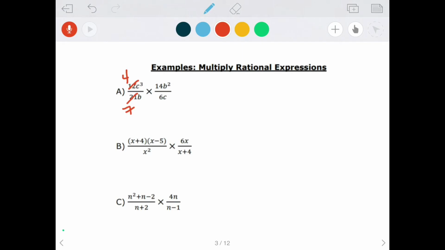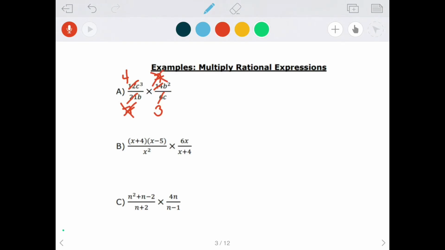Then I see that 14 and 6 can be reduced by 2, so I'm going to reduce that to 7 over 3. Then for some of my OGs that can think back all the way to when Miss Calloway or another 6th grade teacher taught you, you can see that these 7s can cancel out too. So I'm going to cross out both 7s.